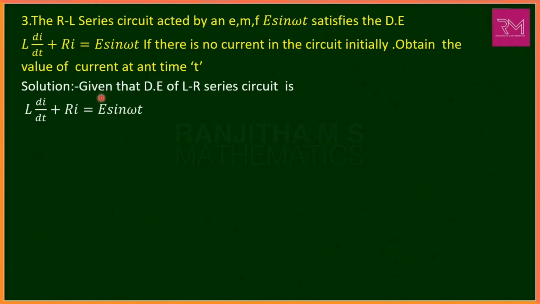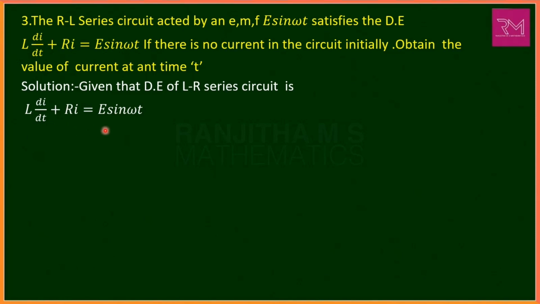First take the given data, that is the differential equation of the LR series circuit is given by L into di by dt plus Ri, which is equal to E sin omega t. Here E is nothing but the electromotive force, given as E sin omega t. So our aim is to first find the general solution for this differential equation.